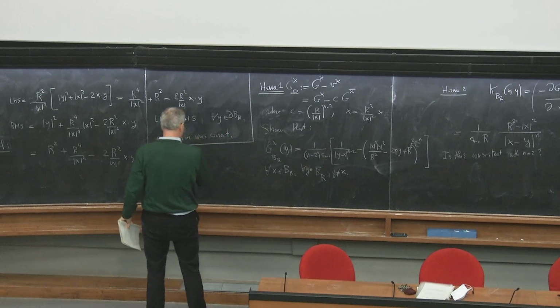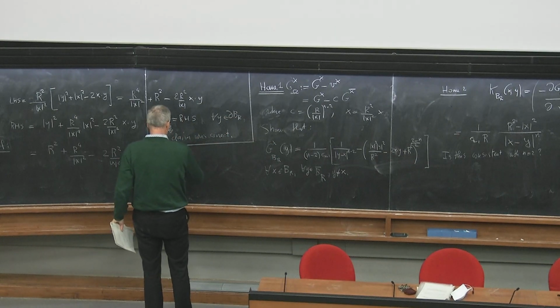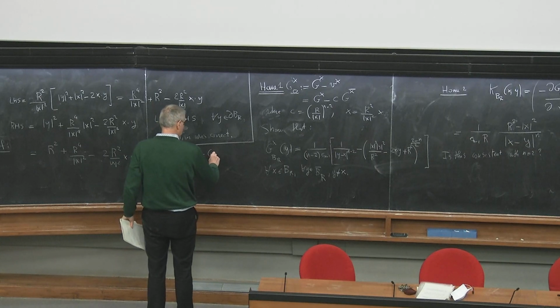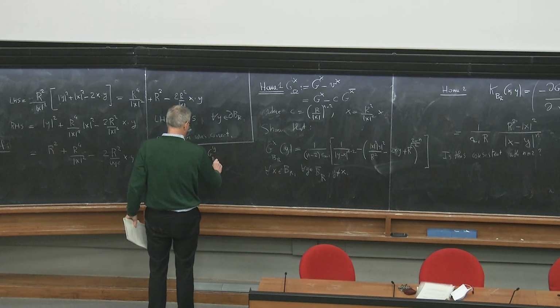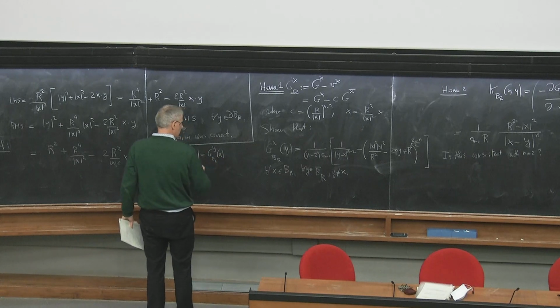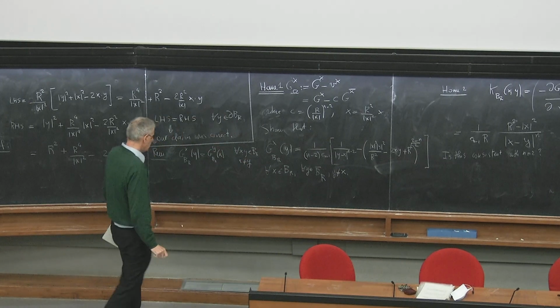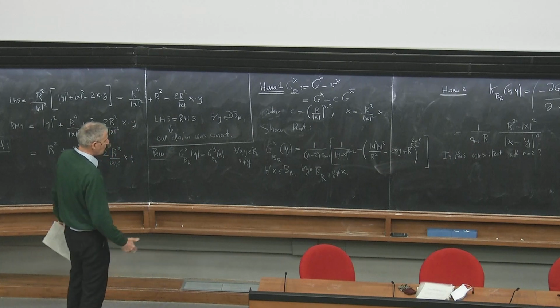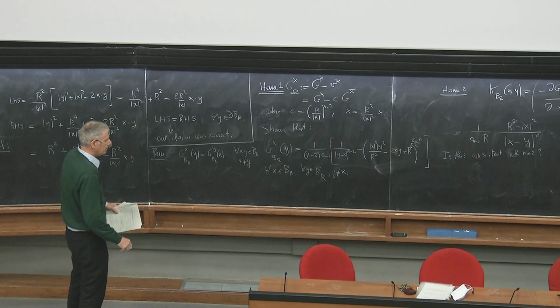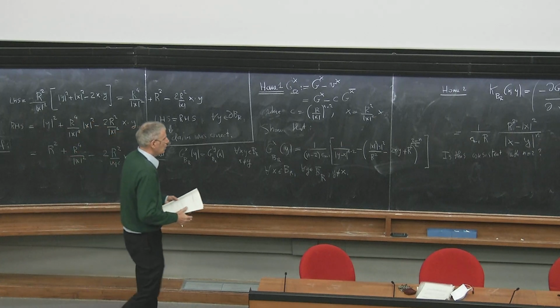So the remark is that G_BR(x,y) is equal to G_BR(y,x) for any x and y in BR. So we have symmetry.